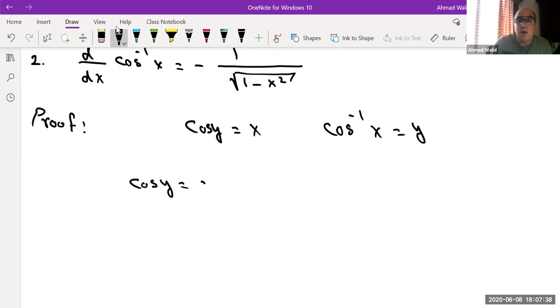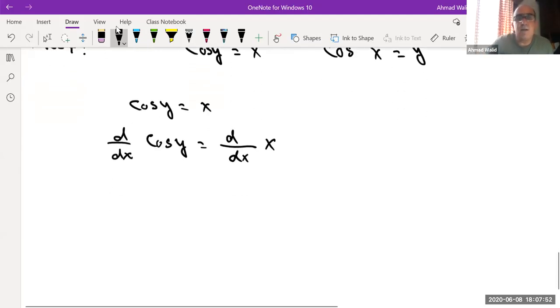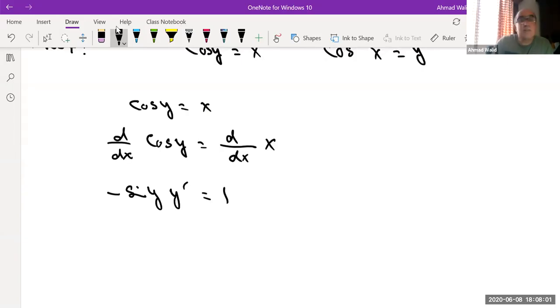Cosine y equal x, then d over dx of cosine y equals d dx of x. d dx of cosine y gives you negative sine y times y prime equals 1. d dx of x is 1. Solve it for y prime: y prime equals negative 1 over sine y.